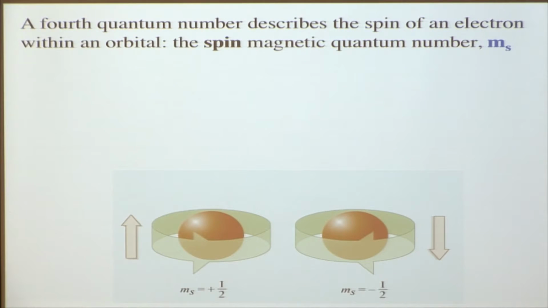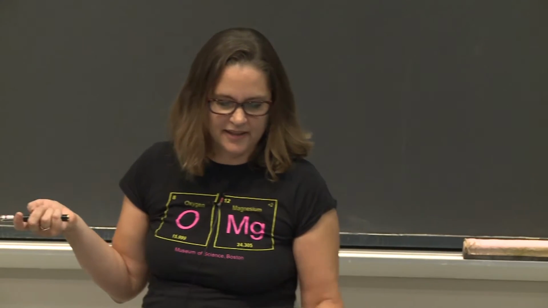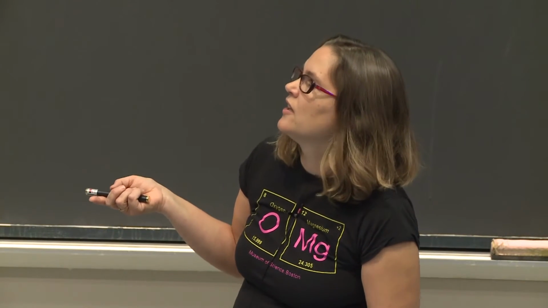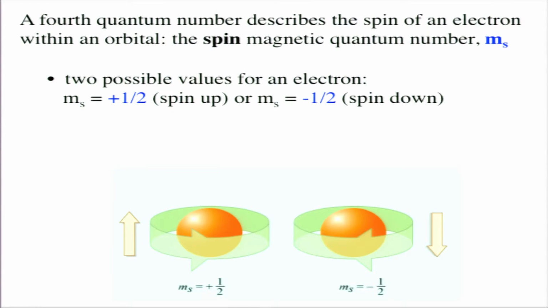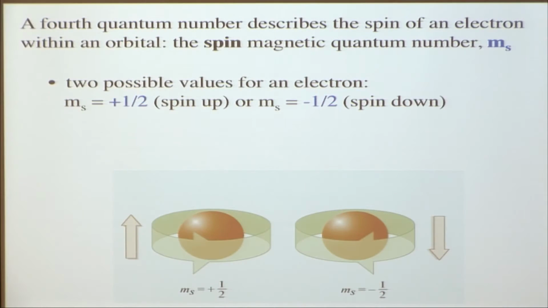And the s stands for spin. So there's some nomenclature that actually makes sense. So there are two possible spin values for an electron. ms can equal plus a half, spin up, or minus a half, spin down. And here are some little pictures of that.